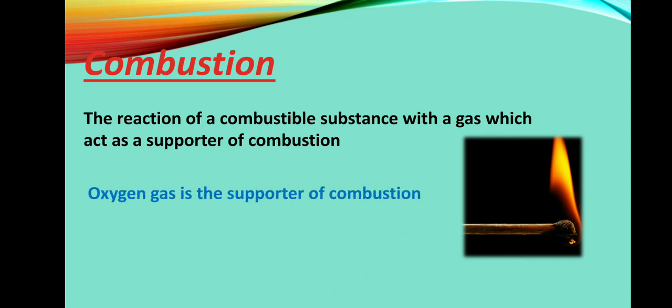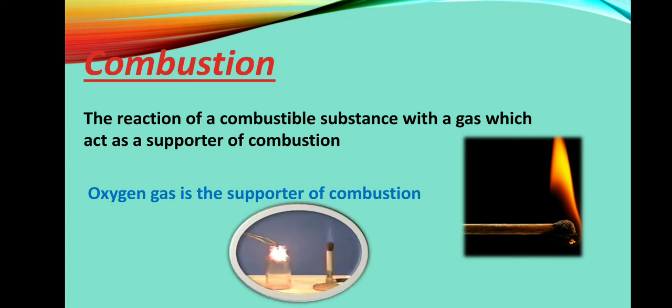So oxygen is the supporter of combustion. It helps burning. Here, they are doing a practical. There is oxygen gas inside the jar. When a magnesium strip is inserted, it burns. So you have an idea: oxygen gas is the supporter of combustion.